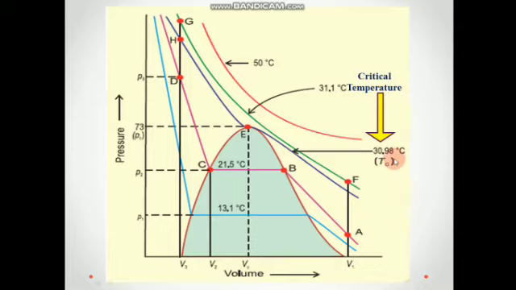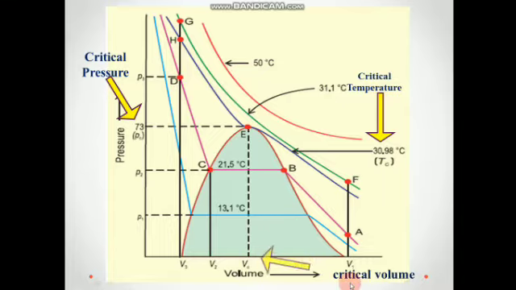This is the temperature at which the gaseous carbon dioxide was converted to liquid form. And this is the pressure where the gaseous carbon dioxide was converted to liquid form, and that pressure is known as the critical pressure. And at the critical temperature and critical pressure, if we have taken 1 mole of gas, the volume that remains is known as the critical volume.